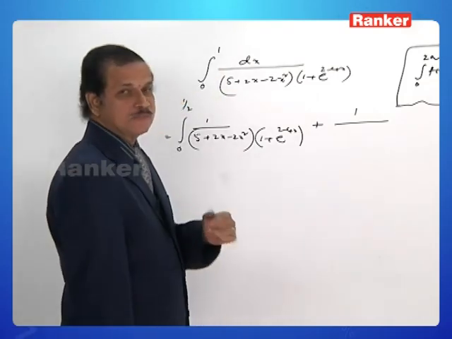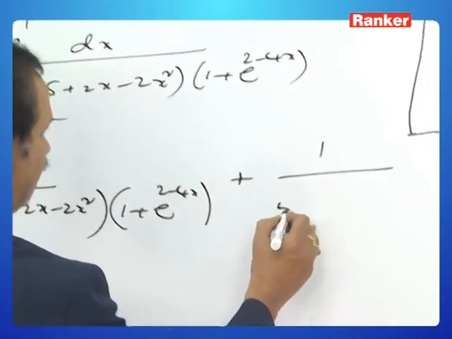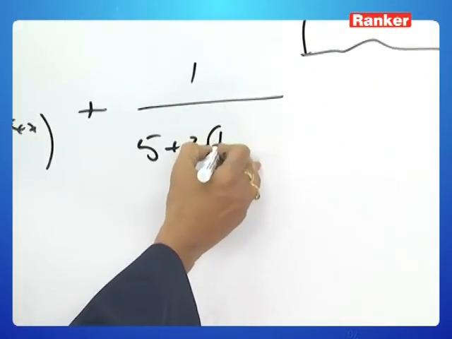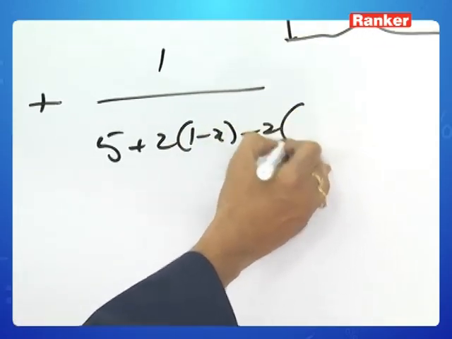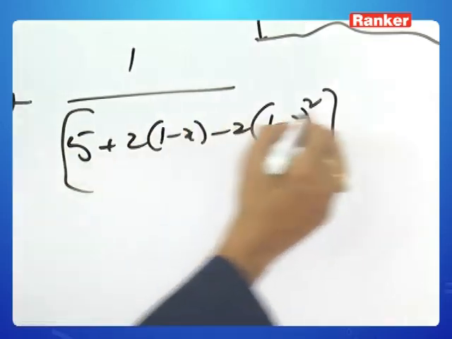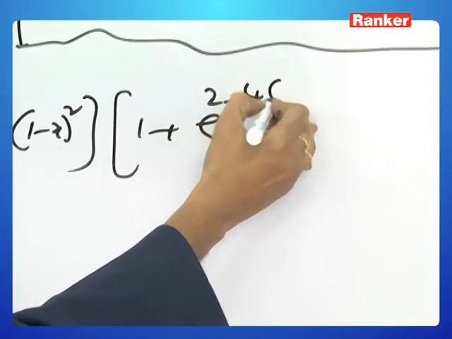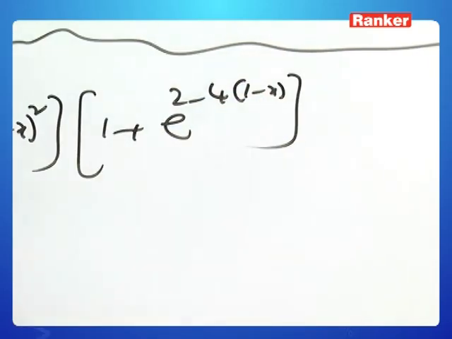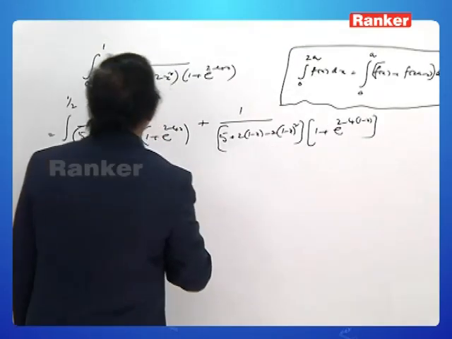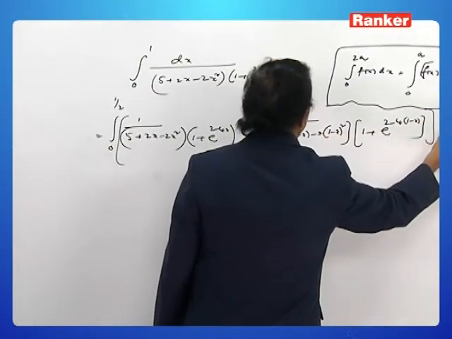So we are supposed to replace x by 1 minus x. What happens? Let us see. 5 plus 2 into 1 minus x minus 2 into 1 minus x whole square into 1 plus e power 2 minus 4 into 1 minus x. This entire thing dx.